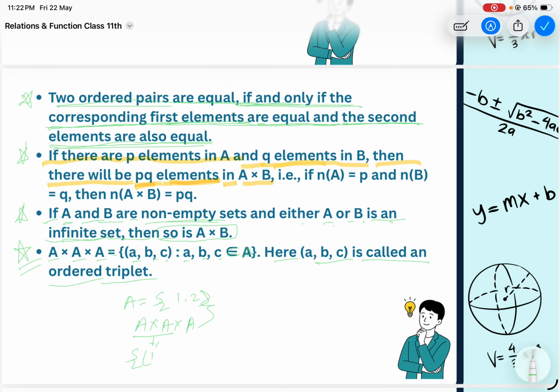So first we take A equal to {1, 2}. We will take all the ordered pairs with 1: 1 comma 1, then 1 comma 2, right?